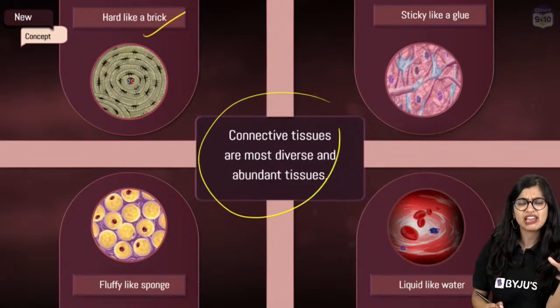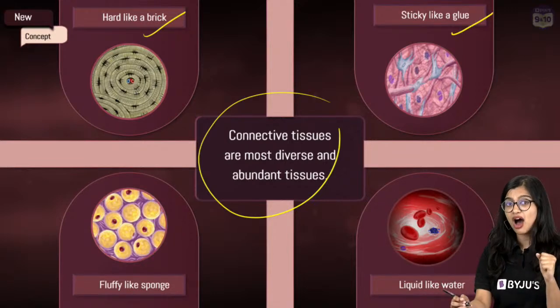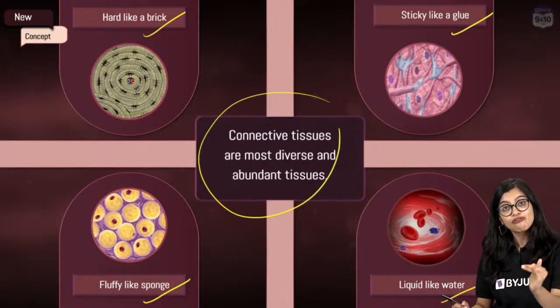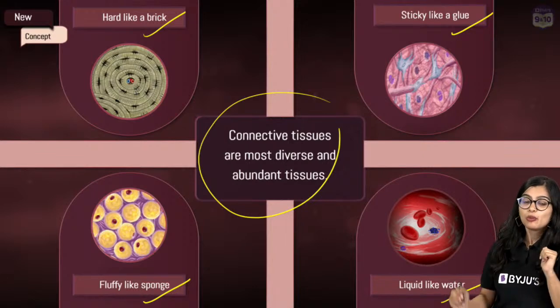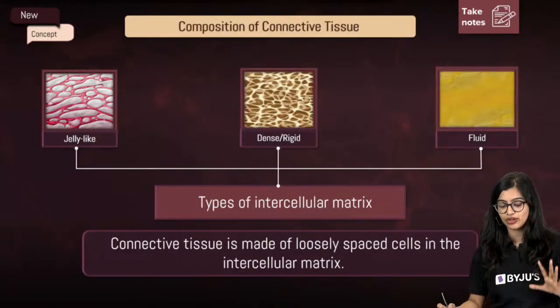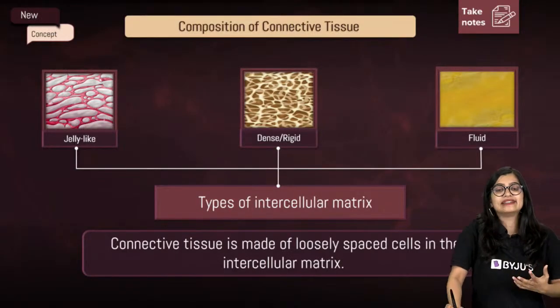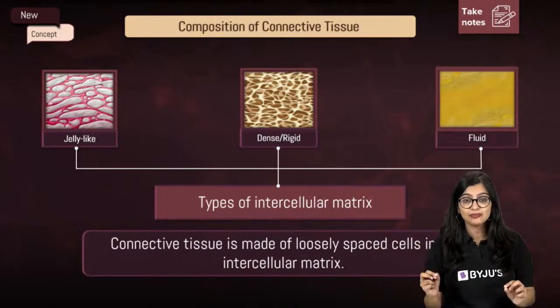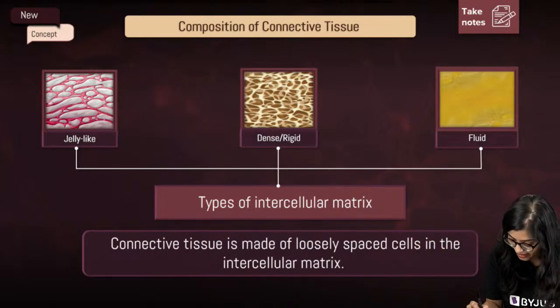Some are very hard like a brick, some are sticky like glue, some of them are fluffy like a sponge, and some of them are liquid or fluid like water. Which is why broadly you tend to have three types of connective tissue. Now, how will I decide that there are three types? Based on something called a matrix, okay?